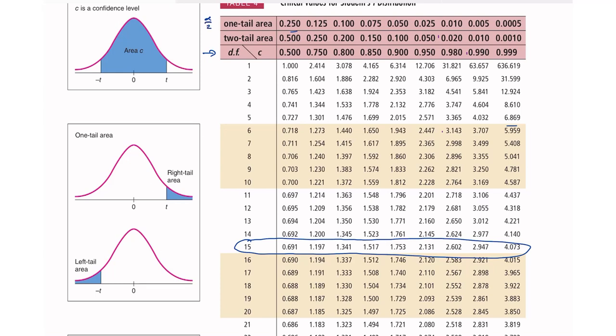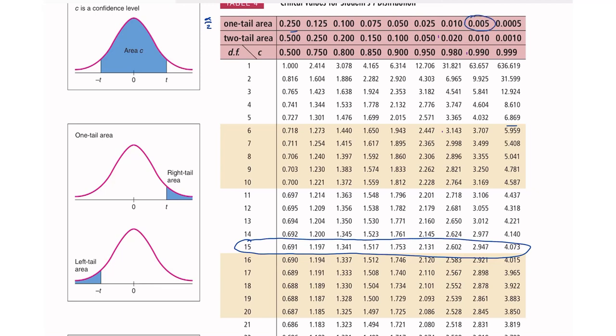If I want to look at the two-tailed area, this is alpha. My test statistic has alpha over 2 in it. So I can use this one, but it's a little more difficult because it's good for the confidence interval. It's not so good for hypothesis testing.